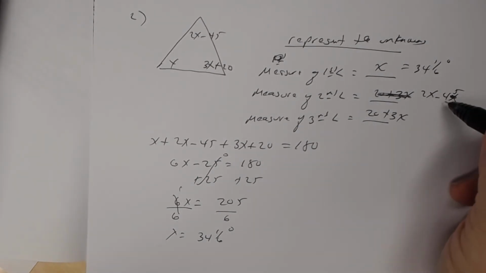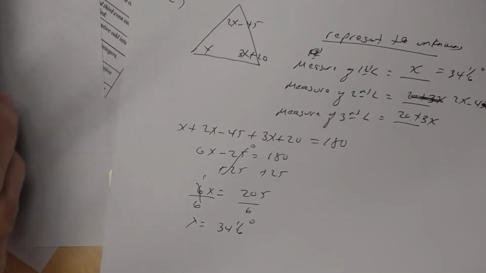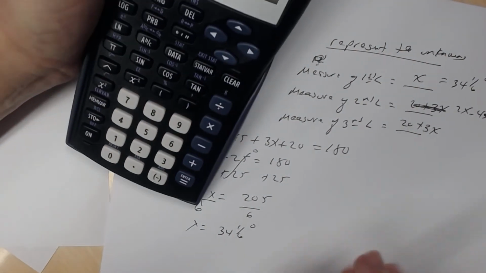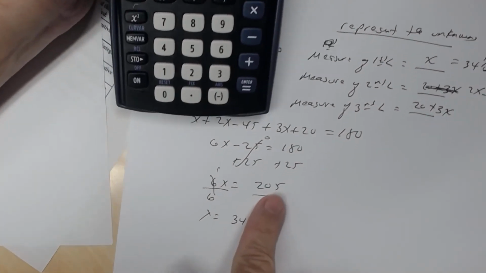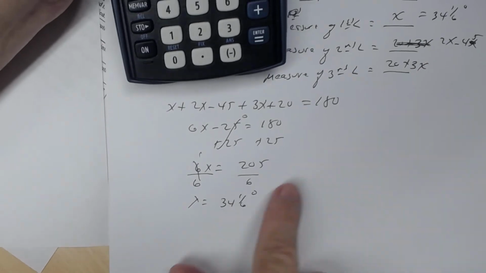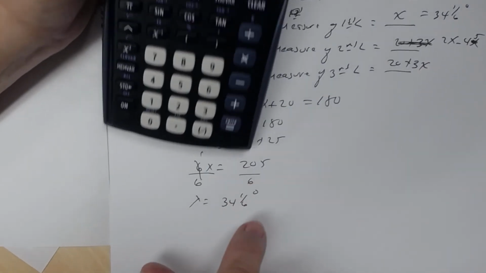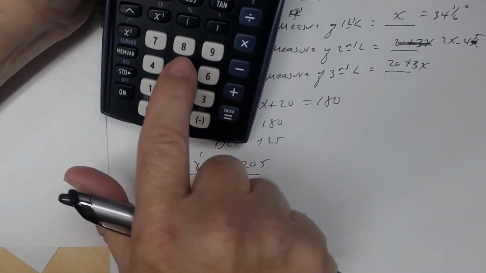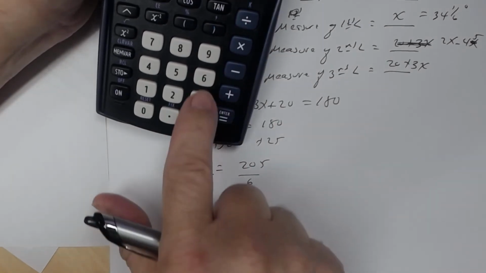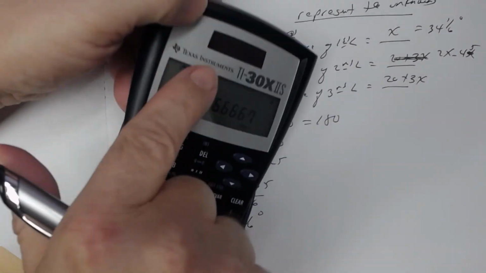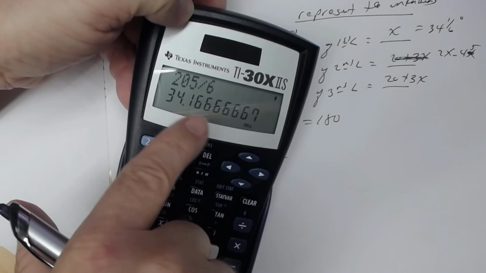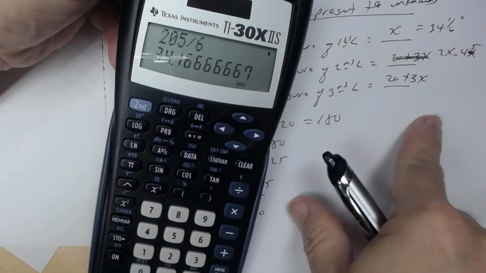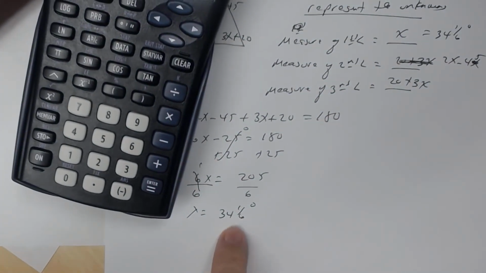All right. Over here, you're going to say 2 times that. So here's what I would do for this. Since that's a decimal, remember, 205 divided by 6, that decimal doesn't terminate. So the way I want you to do this is to write it as a mixed number.